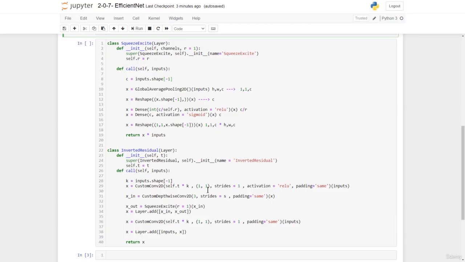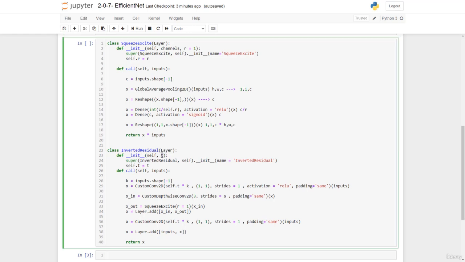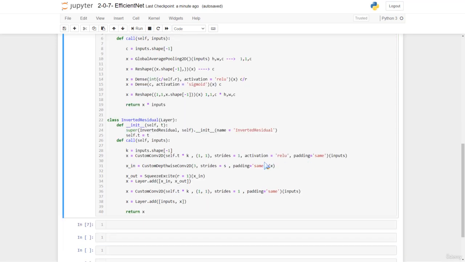Hence, when defining the inverted residual layer, we take in the expansion factor T. And so when building this conv2D, we have this expansion factor T times K number of filters. The filter size is 1, stride 1, and the pattern same. But recall our activation is a ReLU 6. So we take this off, and then we define the ReLU 6.